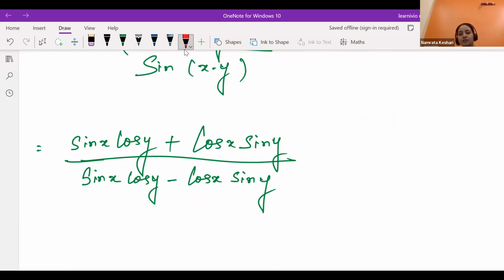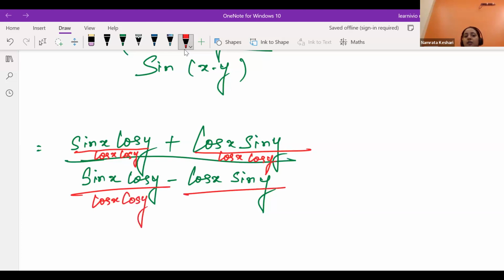Ma'am, if we divide the numerator and denominator by cos x cos y. Yes, maybe if we divide by cos x cos y, we are checking it for now, then we'll do it systematically.